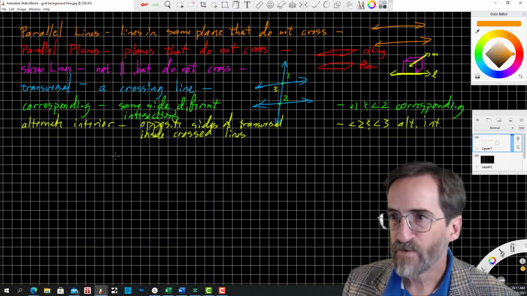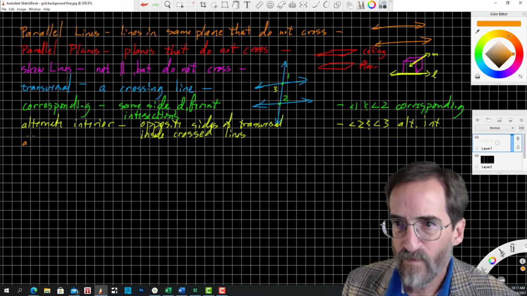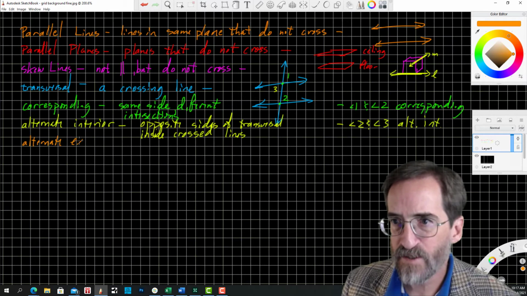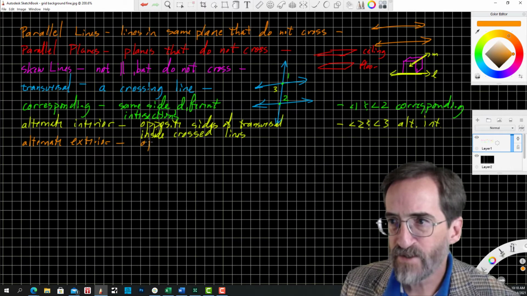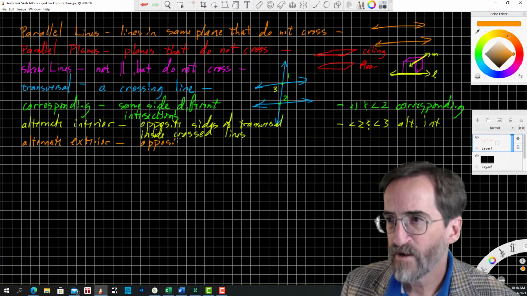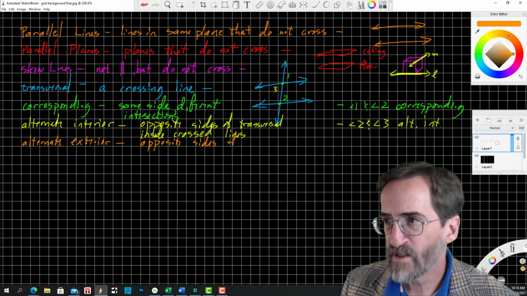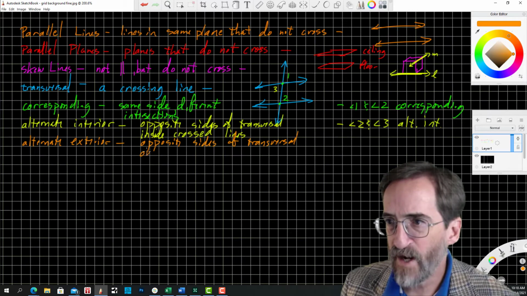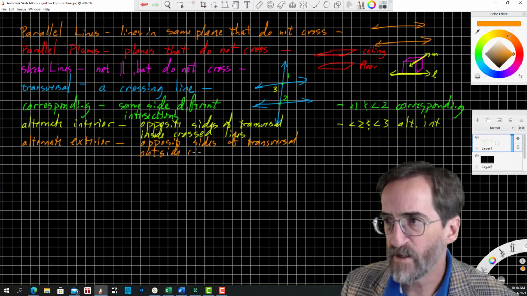Alternate exterior. They're on opposite sides of the transversal again, but they're outside the crossed lines.